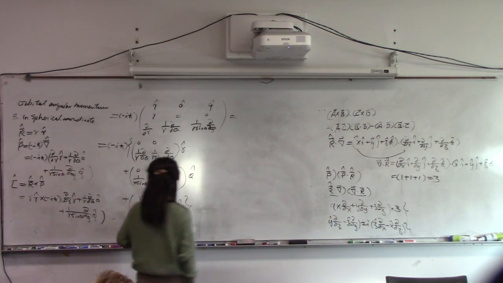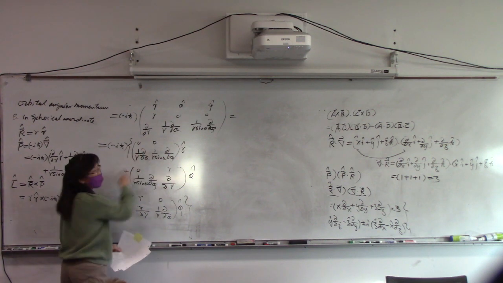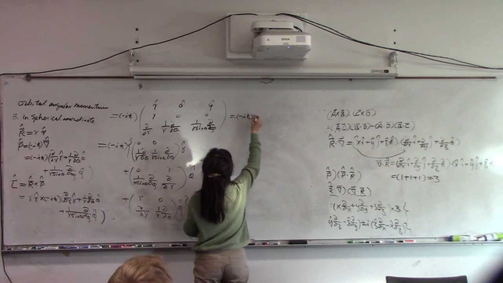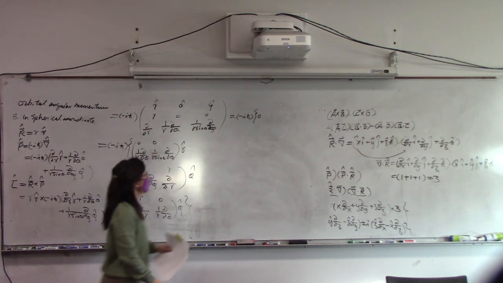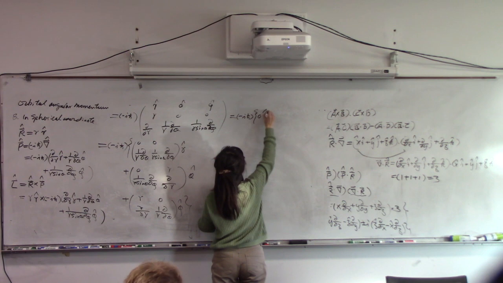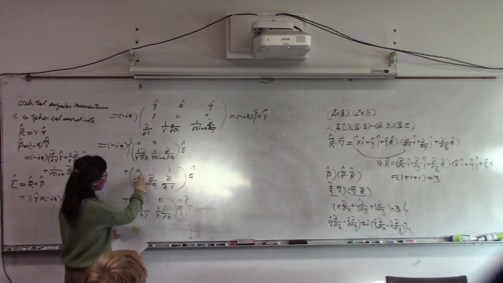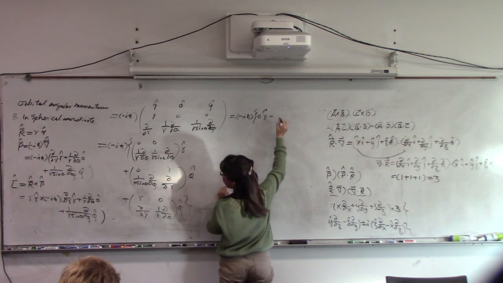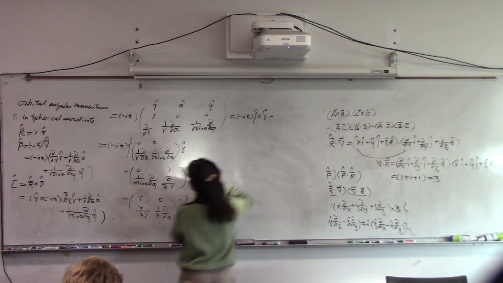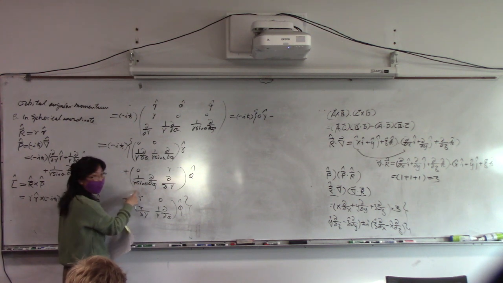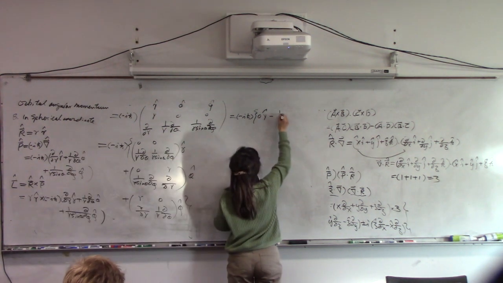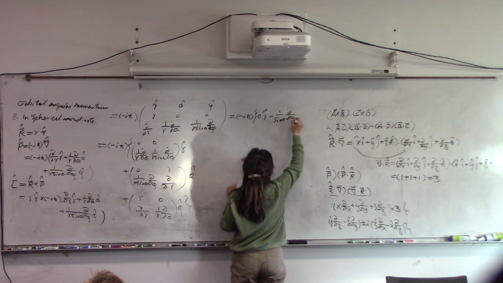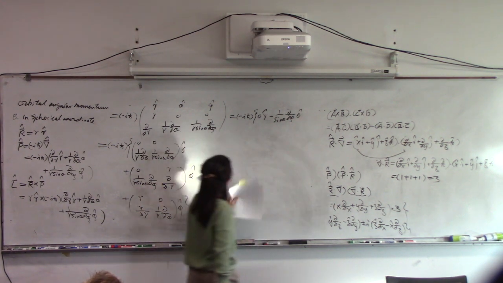Okay, now the first one is 0, because this is 0, so there is no component along r hat. Let me keep the minus outside. For the second one, this term is 0, this is non-zero, so we have a minus. You see r multiplied by 1 over r sine theta, so r cancels, and that is 1 over sine theta partial phi theta hat.